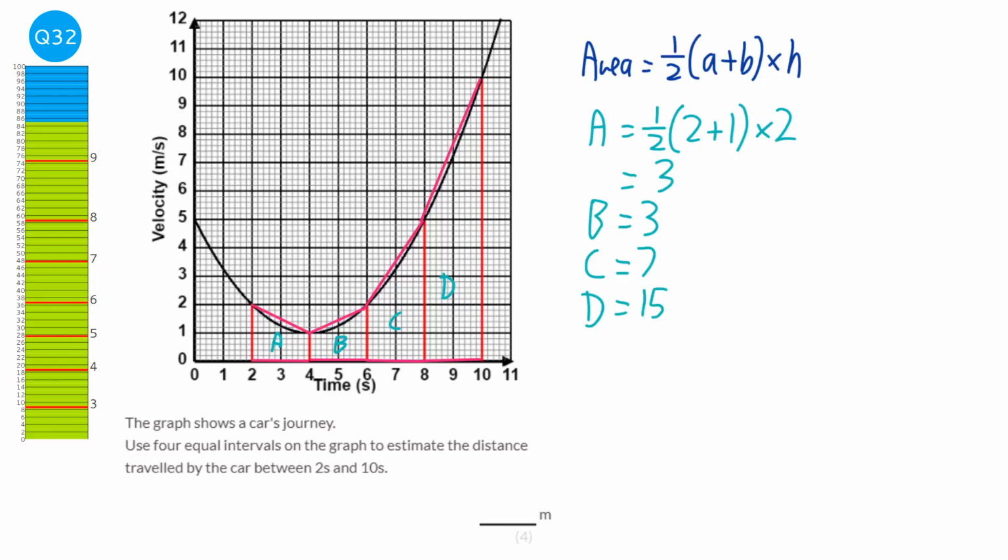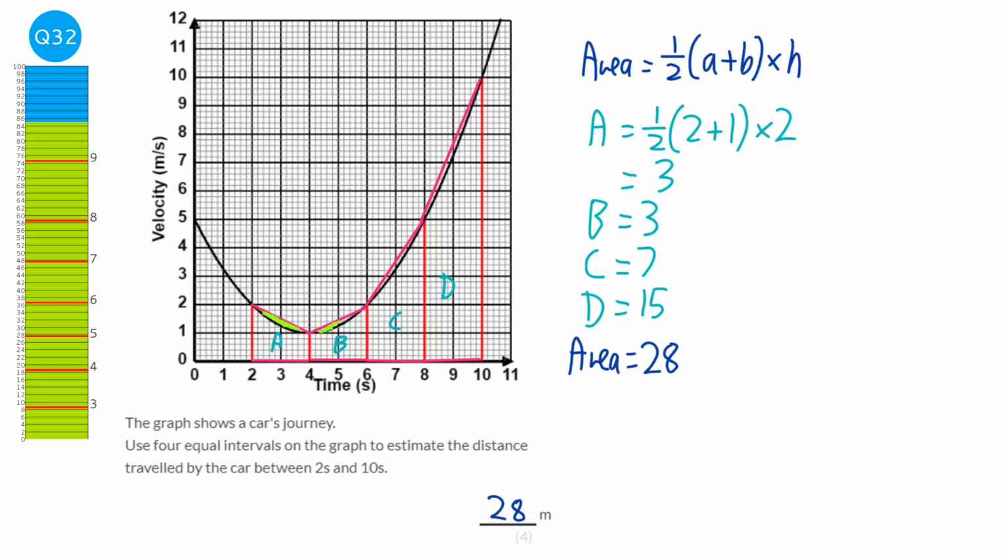So that's a bit of a quicker way of doing it than having to type it into the calculator each time. Then to find the total area, it's just going to be all of those added together, which will be 28.